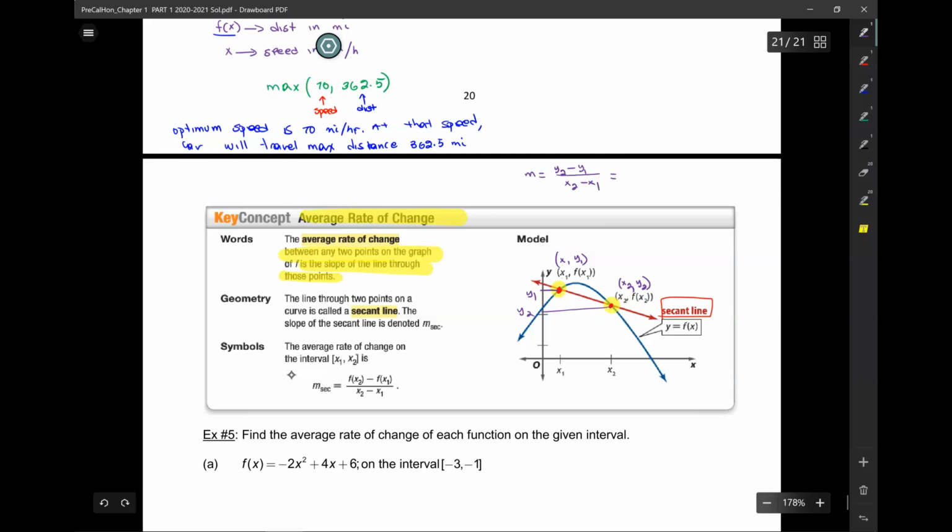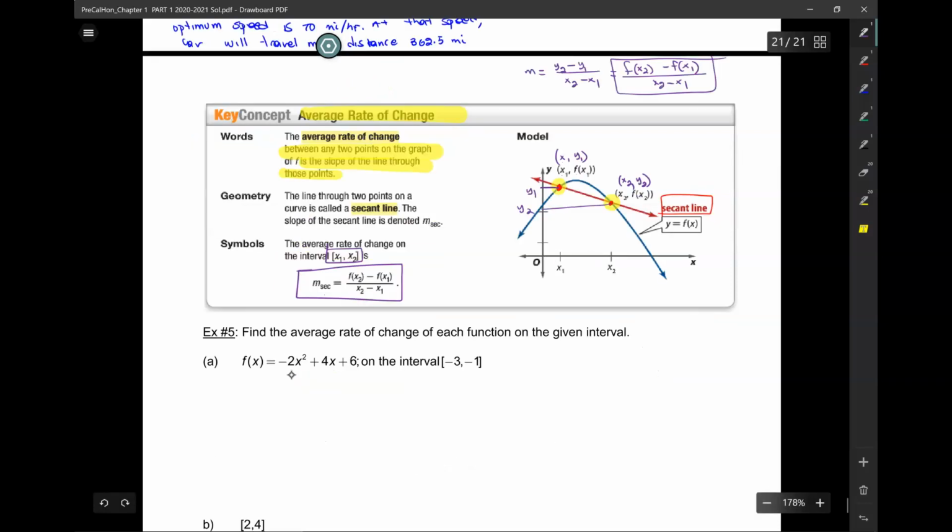So now, instead of y2 minus y1, can I just say f of x2 minus f of x1 over x2 minus x1? I can. It means the same, but it gives it a more sophisticated calculus spin to it, okay? And we are nothing if not sophisticated math students. So, in summary, the average rate of change on an interval from x1 to x2 is the slope of the secant line, which is given by that formula.